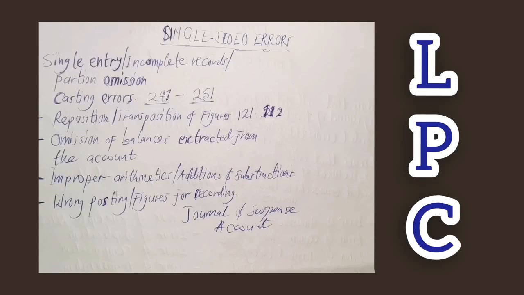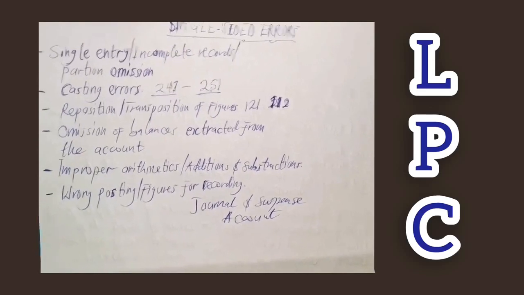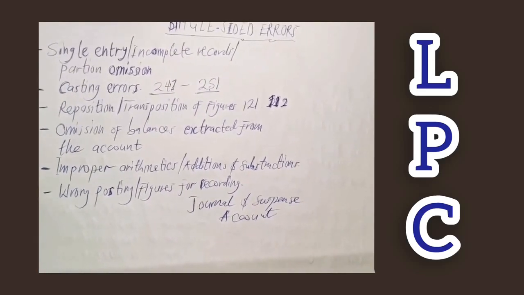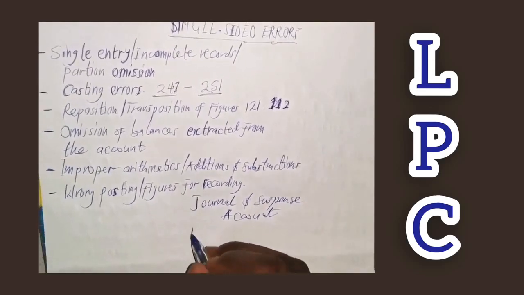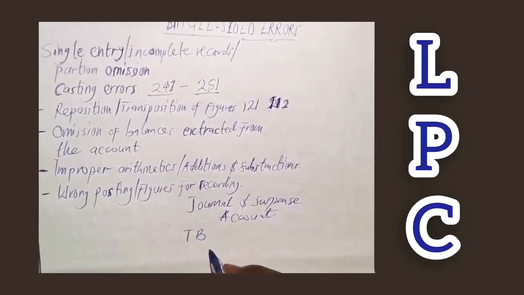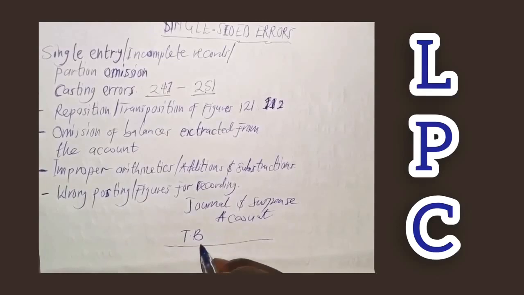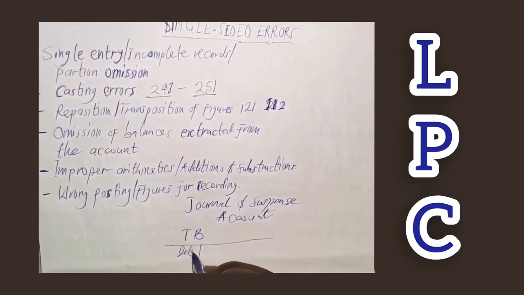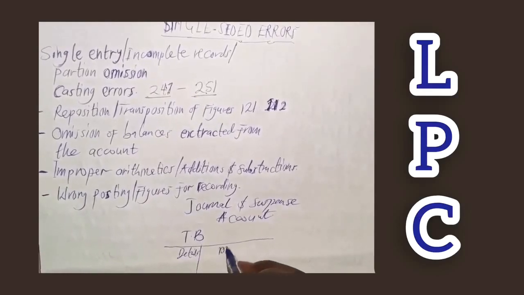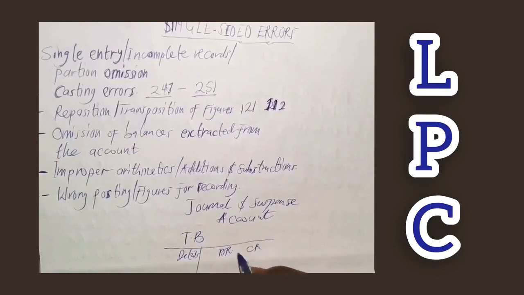So let's say I have a trial balance. In the trial balance, you have details, you have debit, and you have credit.